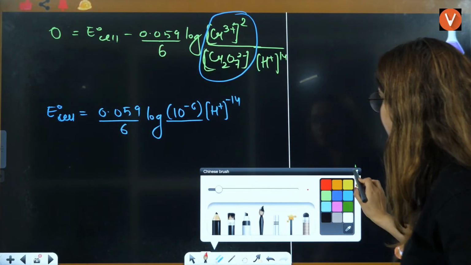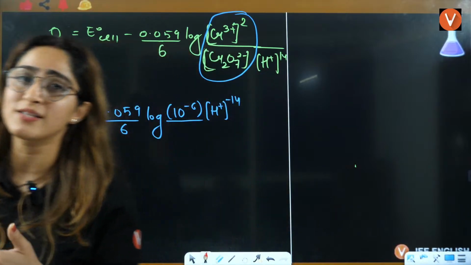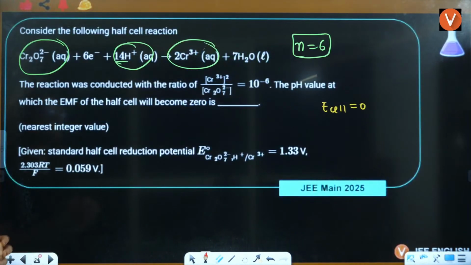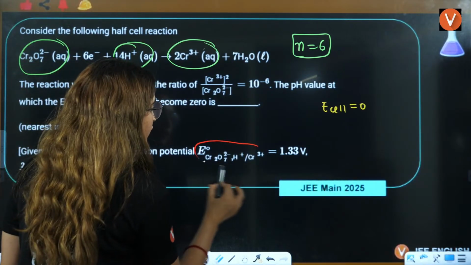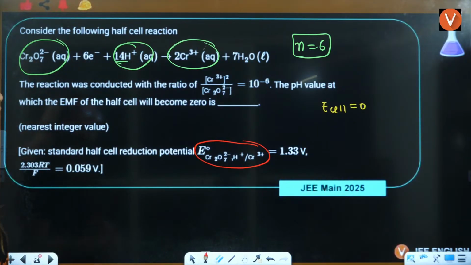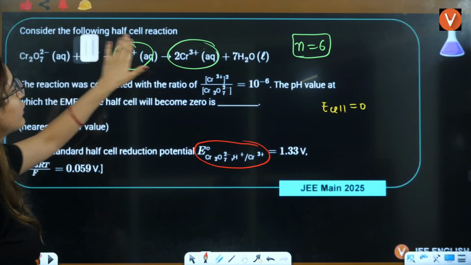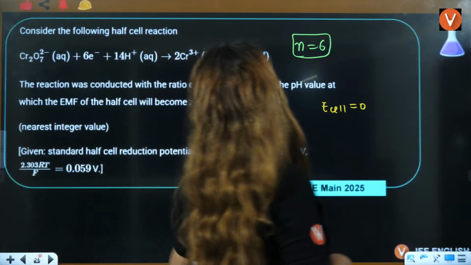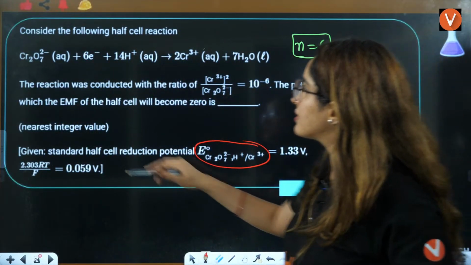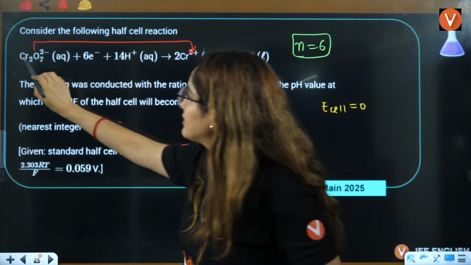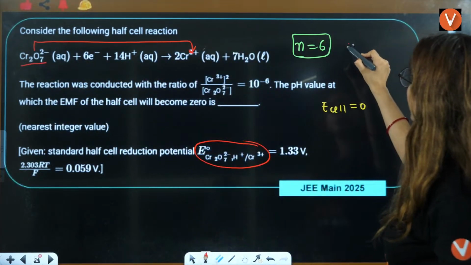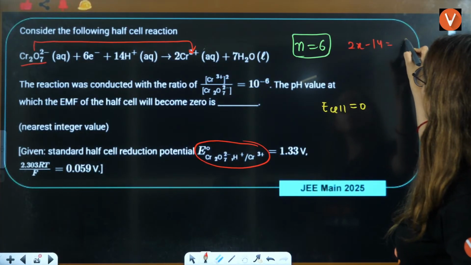Now, can you tell me what is the value of this E naught cell? See, E naught cell value you have to calculate here. This thing is given to you, right? Now, for E naught cell, you need to know which is undergoing reduction and which is undergoing oxidation. If you see this, in this case, what is the oxidation state? 2x minus 14 is equal to minus 2.